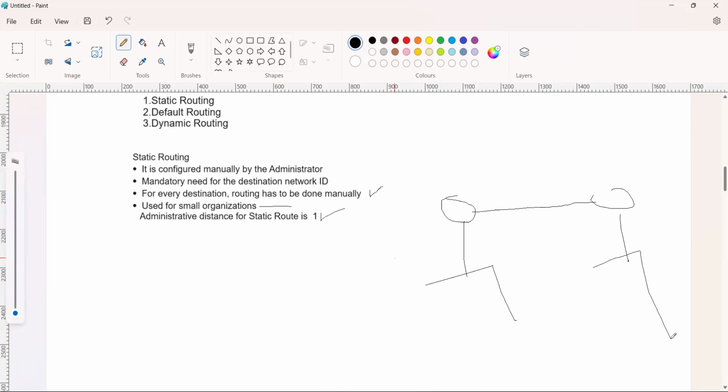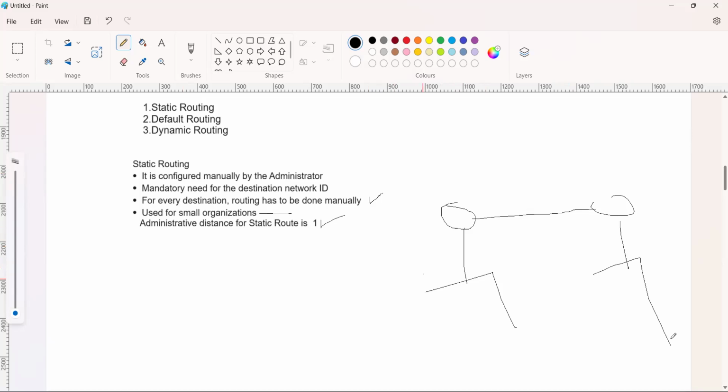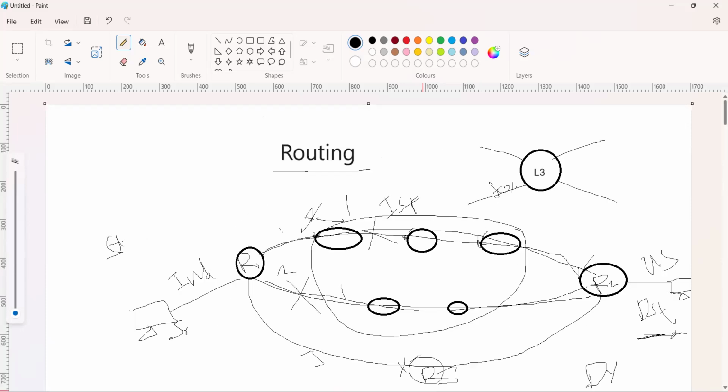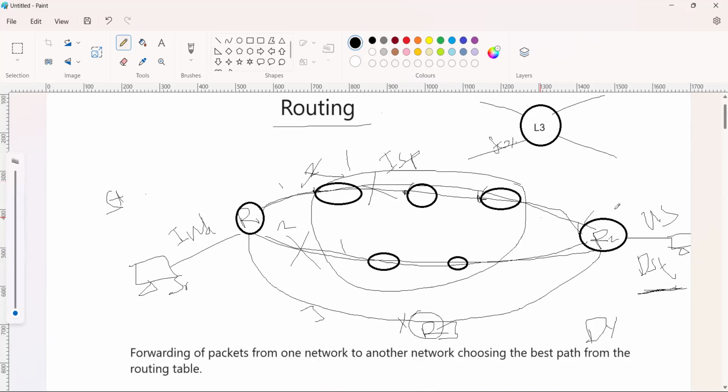What about the AD value? With the help of the administrative distance value only, the routers will elect the best path. For example, here we have three paths: the first path, the second path, and the third path. Here you are using RIP, here you are using EIGRP, and here you are using OSPF.